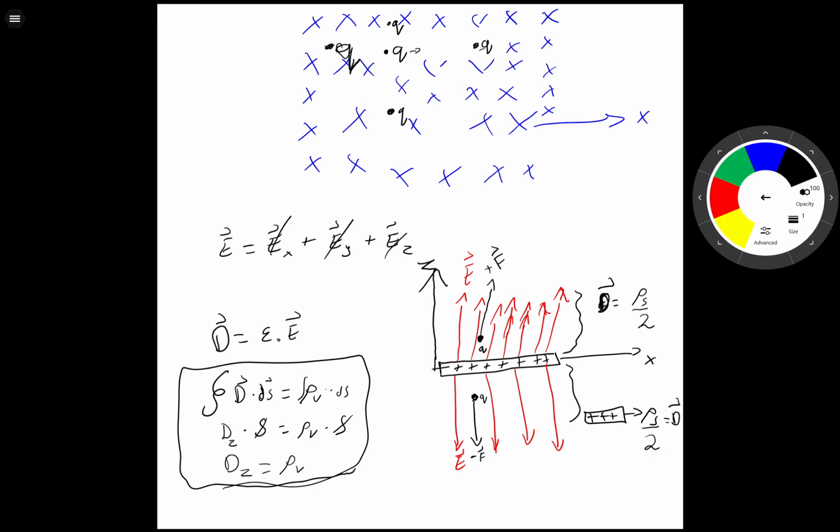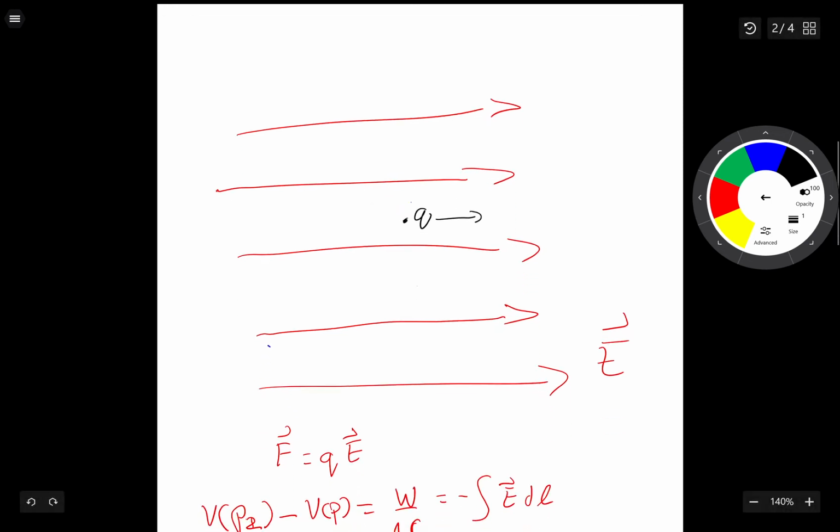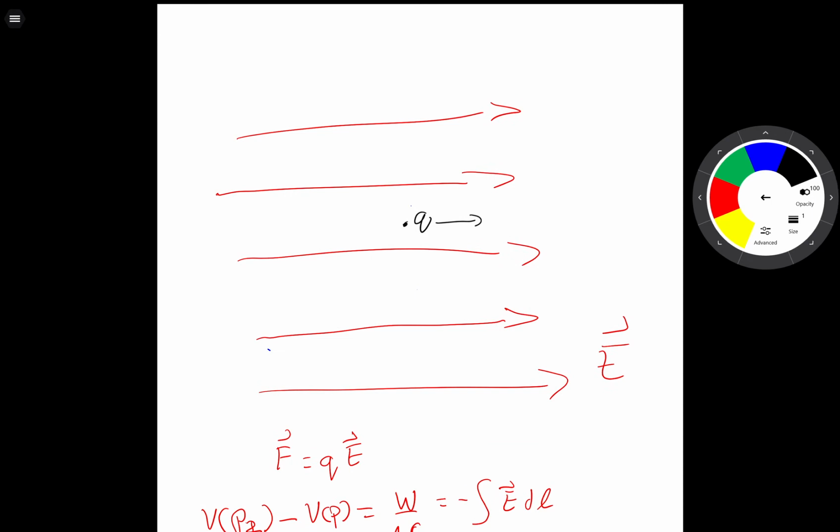So from here, let's look at what potential is. If I place my charge over here, I know it's going to feel a force in the same direction as my electric field. You can also see that from Coulomb's law for force: force is charge times electric field intensity, so the direction of force will be the same as the direction of the electric field.